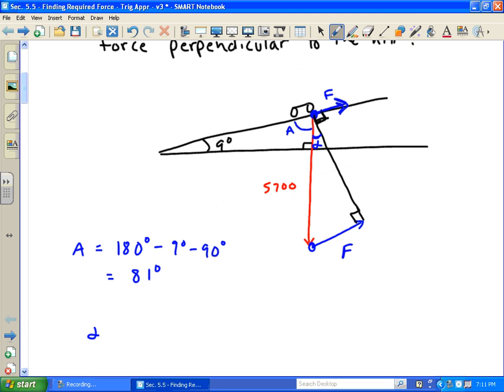Alpha I can find by saying that I have 180 degrees formed by the incline, all the way up, and then to find that alpha inside, I can subtract the 90 degrees that I have here from 180 minus the angle A that I just found, which was 81.